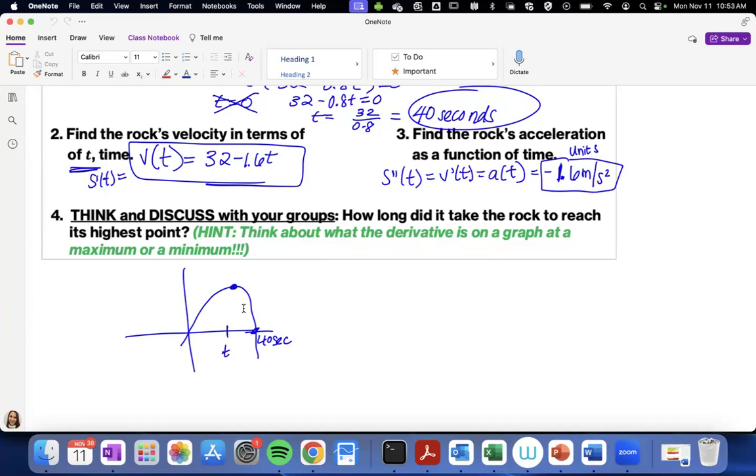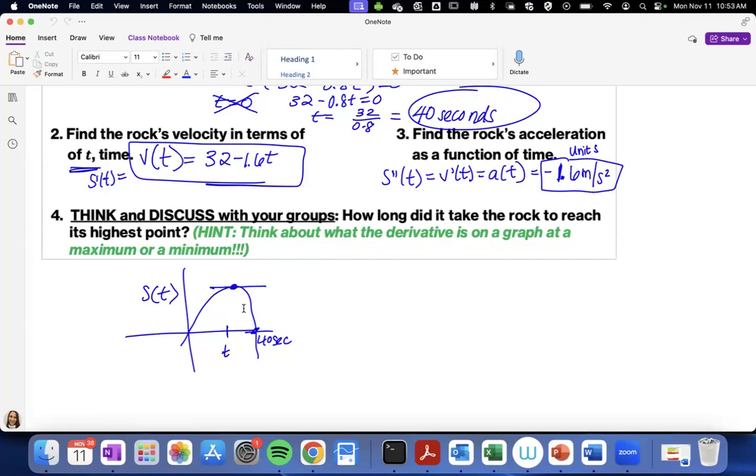So what do I know about the derivative? If this is s of t, what's the derivative at this point? What's another word for derivative? The slope of the tangent line. Draw a tangent line. What kind of line is it at this point? A horizontal line. So yeah, it's 0.